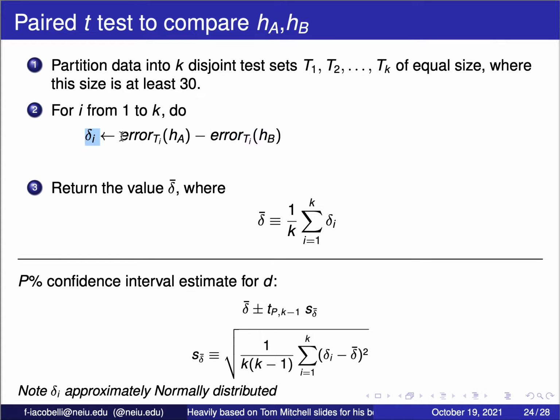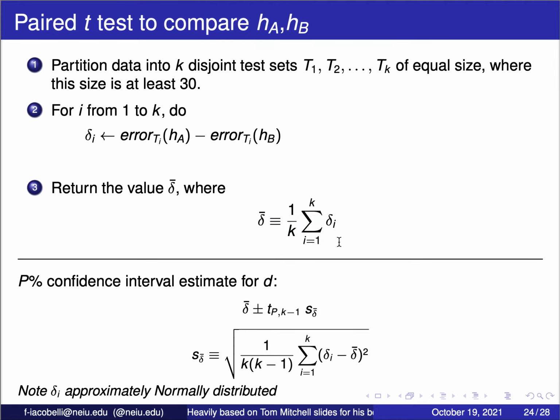For the second partition, the error of the first learner on the second partition minus the error of the second learner on the second partition, that's going to be delta 2. When i is 3, the error of the first learner on the third partition minus the error of the second learner on the third partition is delta 3. I do all that for all the partitions, and then at the end I return the average error.